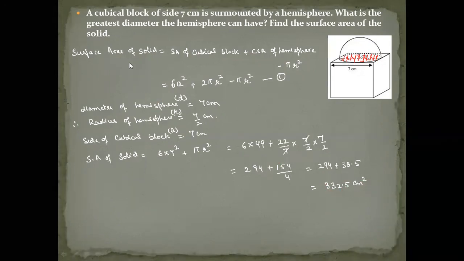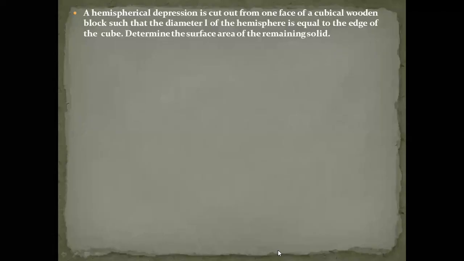Now let us take the next question and try to solve this. So in this question you can see a hemispherical depression is cut out from one face of a cubical wooden block such that the diameter L of the hemisphere is equal to the edge of the cube.